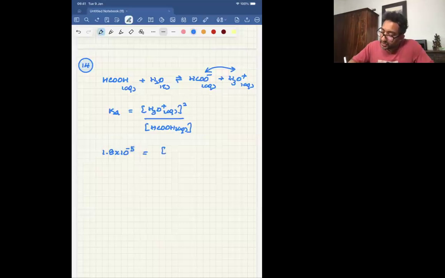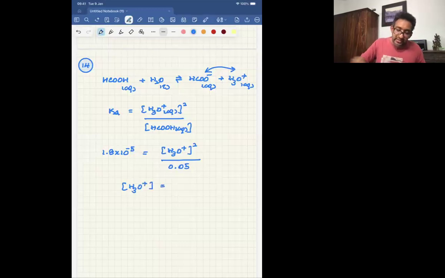H3O concentration squared. HCOOH concentration is 0.05. So what is the hydronium ion concentration? Hydronium ion concentration is equal to the square root of 1.8 × 10^-5 times 0.05. That is 9.48 × 10^-4.